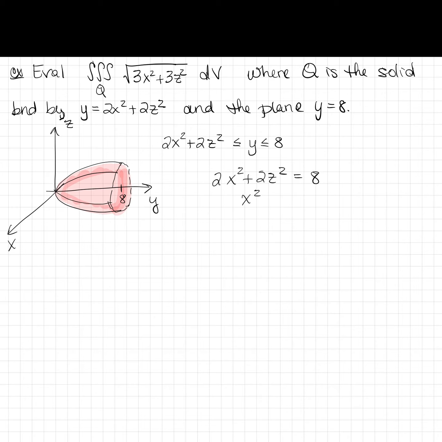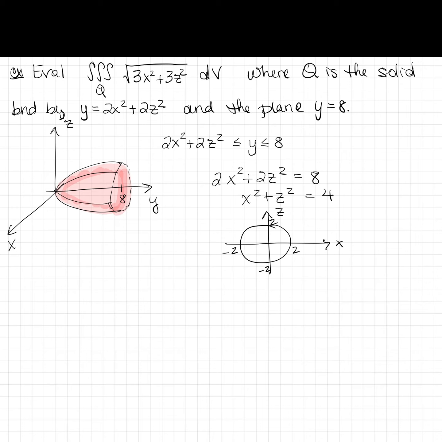That says that x squared plus z squared equals 4. That's a circle in the xz plane of radius 2. So let's mark that as 2, 2, negative 2, negative 2.